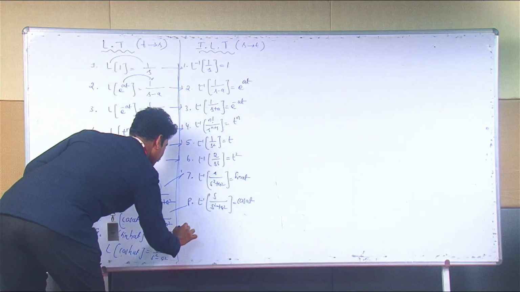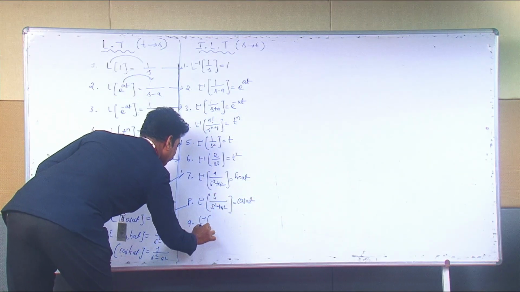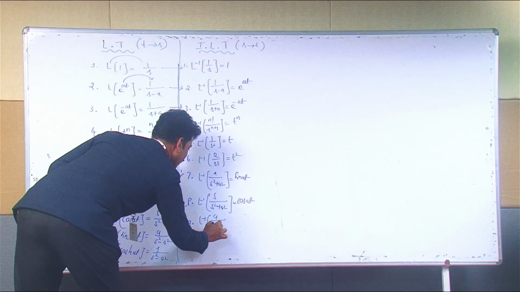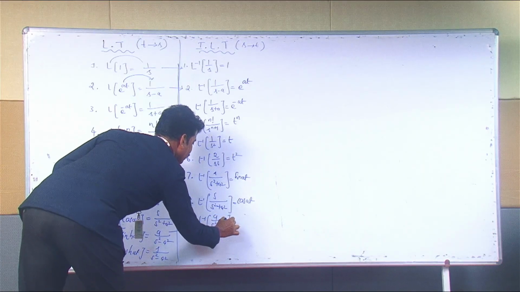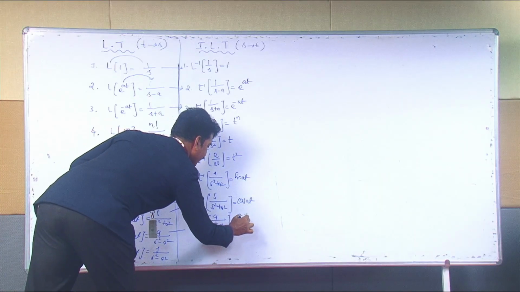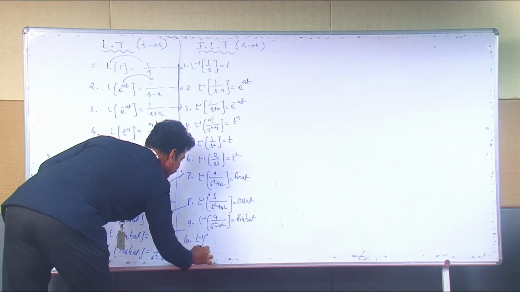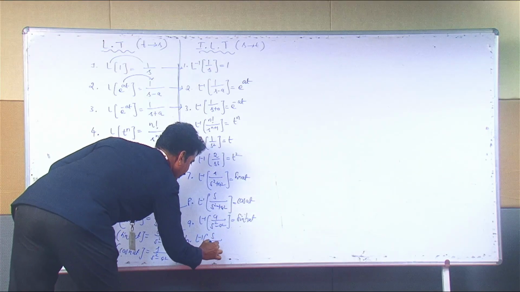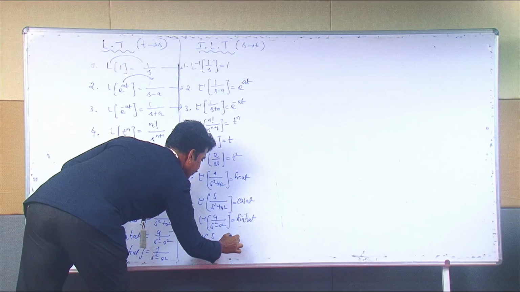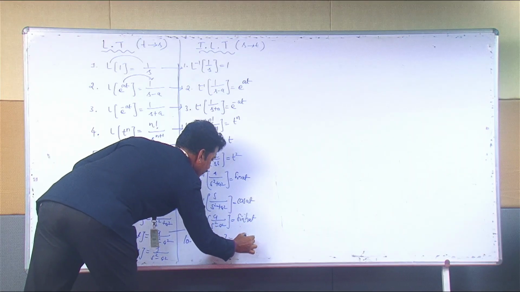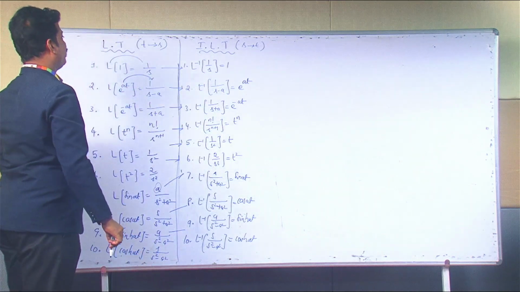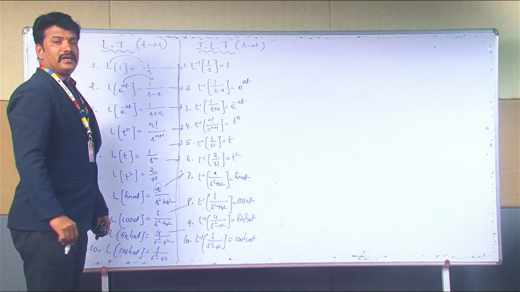And ninth one is L inverse of a divided by s square minus a square equals sinh at. And tenth one is L inverse of s divided by s square minus a square equals cosh at. So this is the main difference between Laplace transformation and the inverse Laplace transform.